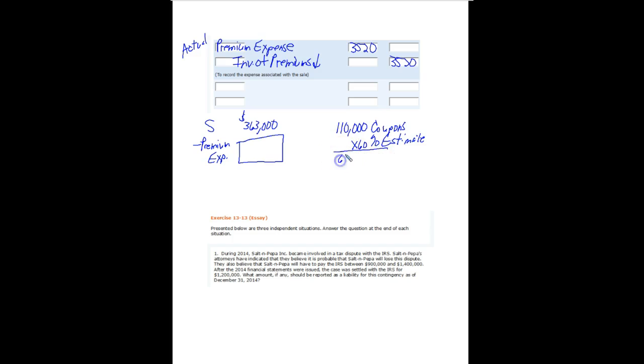Okay, so that is 66,000 coupons that are going to be redeemed. And so, if I divide that by 10, that means we have 6,600 premiums or utensils that we're going to be issuing out.